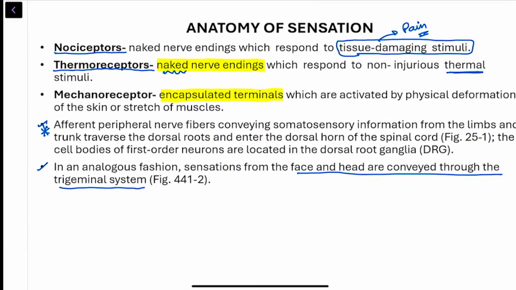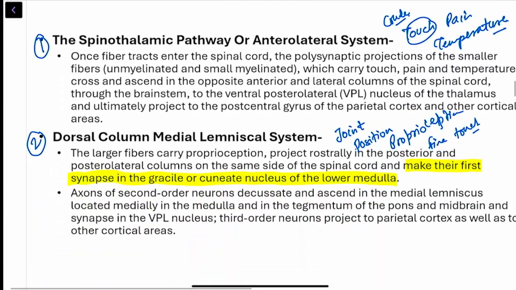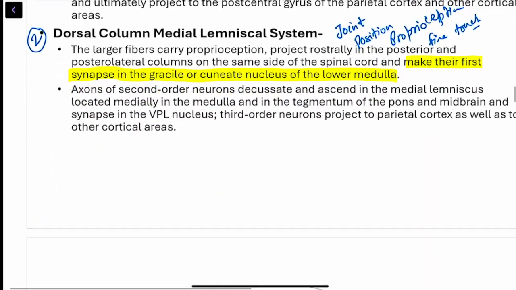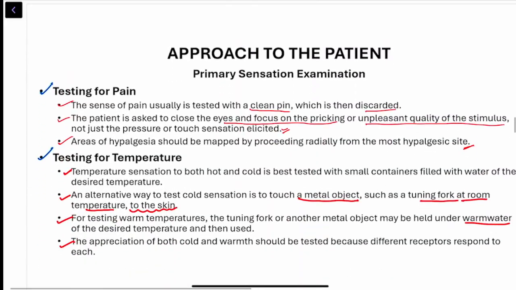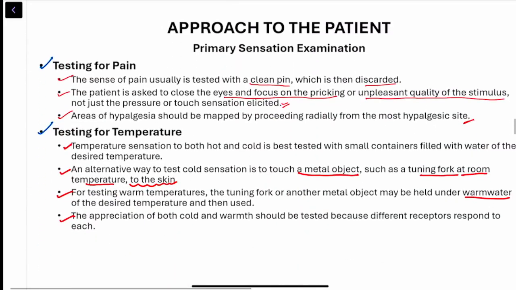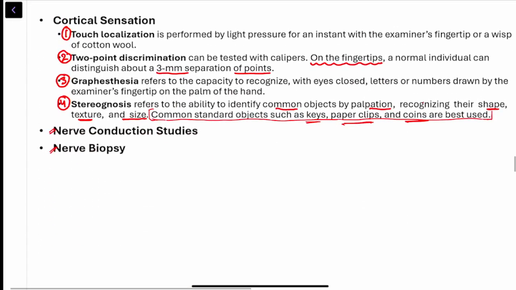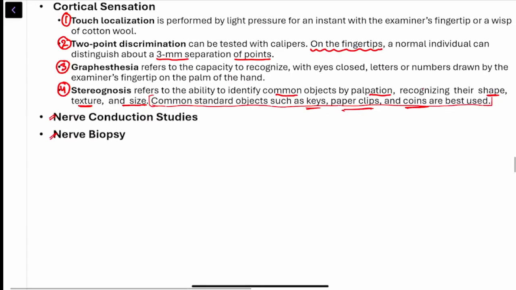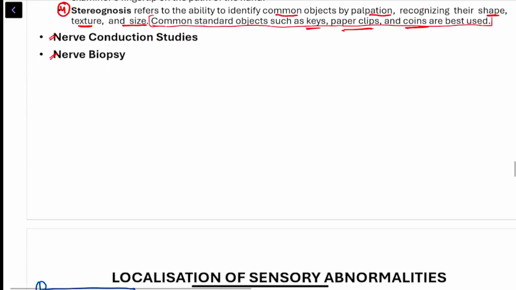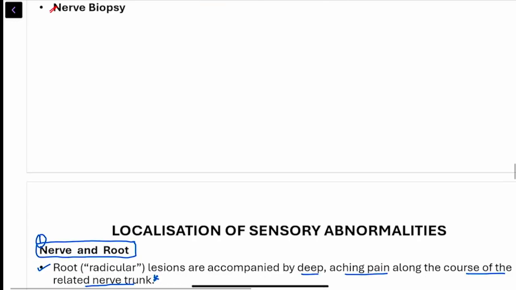Anatomy: there are receptors, the spinothalamic pathway, the dorsal column, and then the central nervous system. How will you approach the patient? We have to test the primary senses like pain, touch, temperature, joint position, and vibration sense. Then we have to look for the cortical sensations. There are four types of cortical sensations. Then you can do nerve conduction study and nerve biopsy.